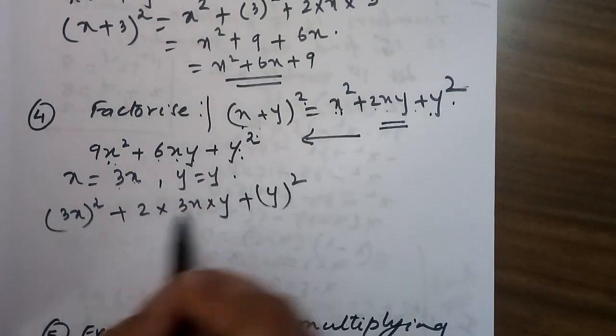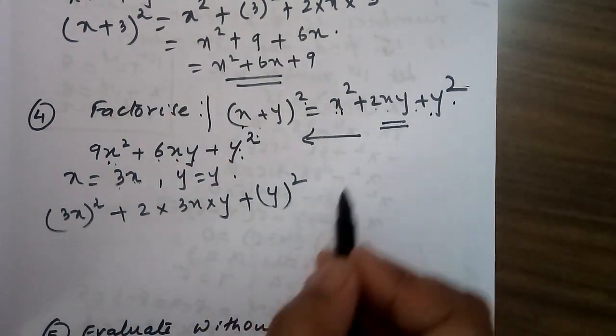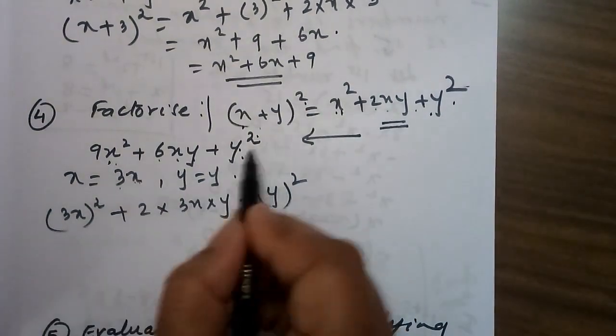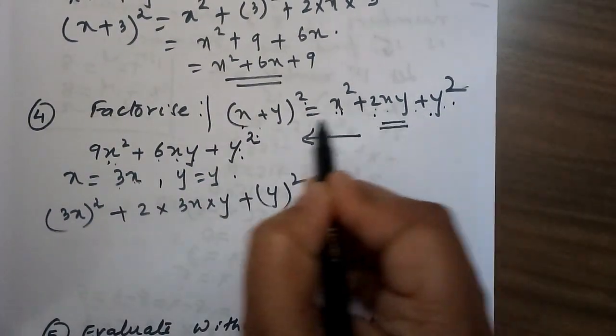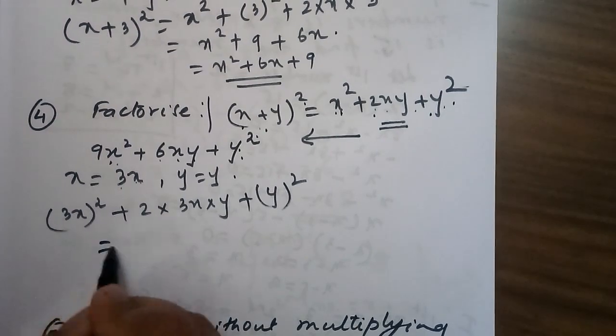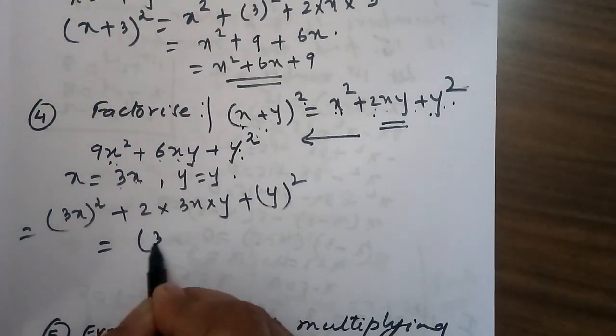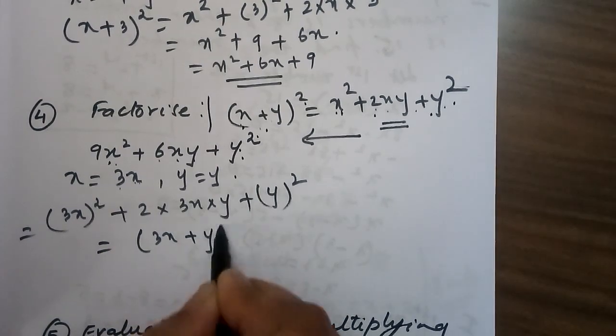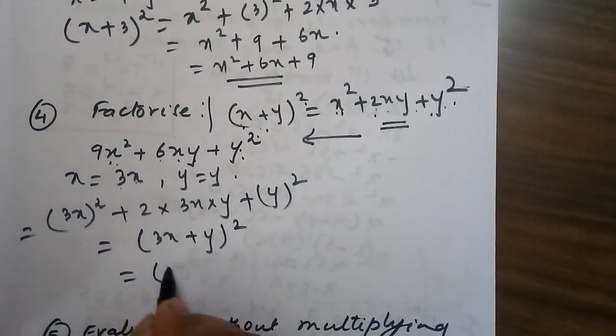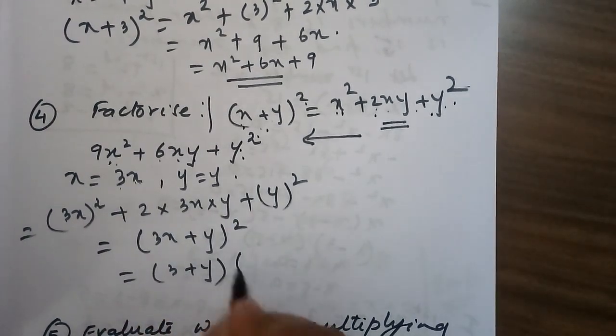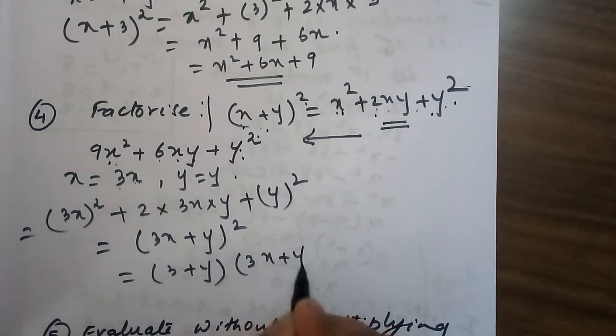So you are not going to again open these brackets. Now I have written the question in this form. Now this form reduces to what? This. So this becomes x plus y whole square. So what was your x? 3x plus y whole square. And this becomes 3x plus y into 3x plus y.